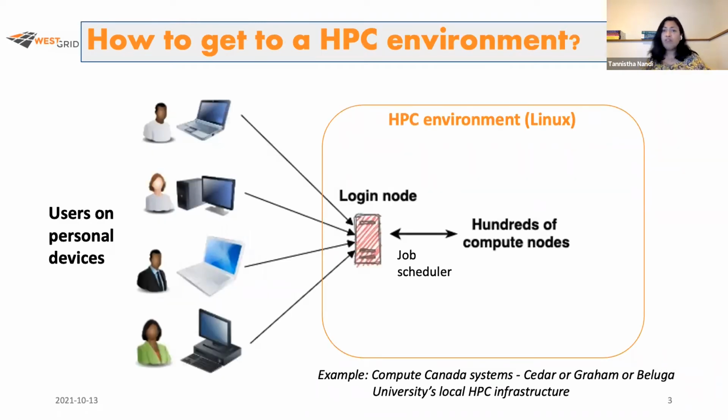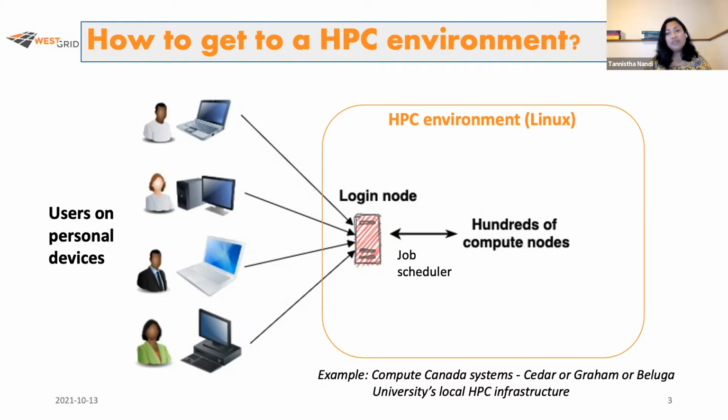So we all work on our personal devices, laptops, workstations, MacBooks, etc., and through which we access the high performance computing systems. For example, the HPC system can be one of the Compute Canada clusters like Cedar, Graham, Beluga, etc., or it can be the university's local HPC cluster.